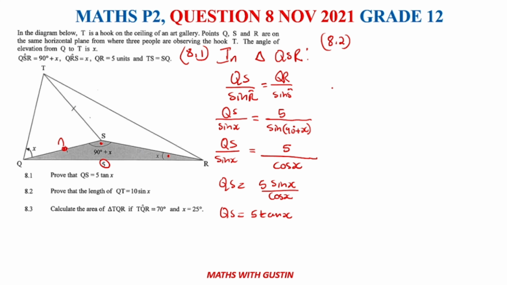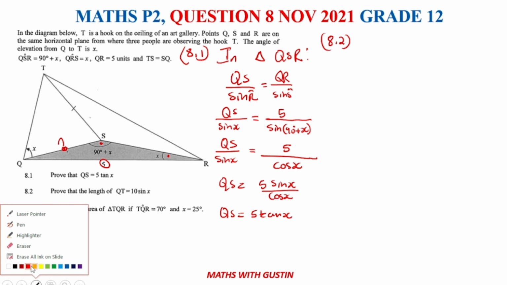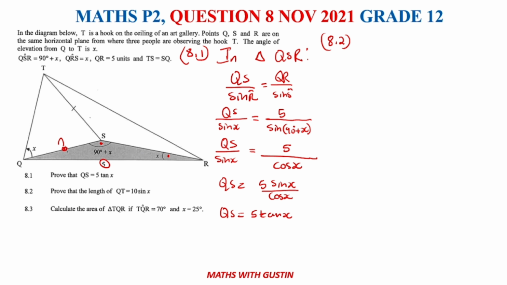8.2 says prove that the length of QT is equal to 10 sine X. Where is QT first? Let's come here. As you requested, I'm using a different color for different questions. Here we go. So what are we looking for? We're looking for QT. We must prove QT. There's QT there.